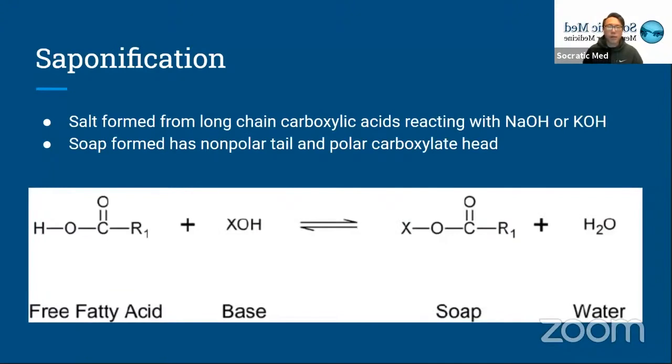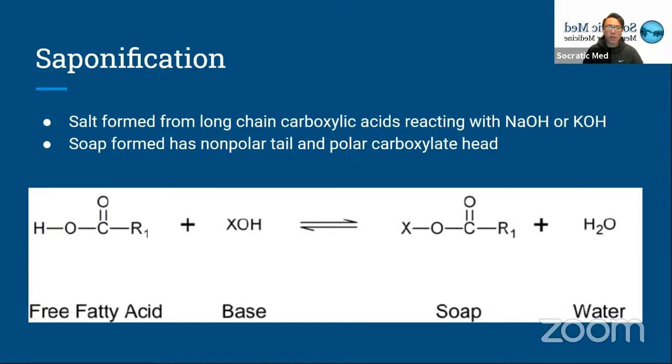Next, saponification. This is soap formation. This is when a salt is formed from a long chain carboxylic acid after reacting with either sodium hydroxide or potassium hydroxide, so any strong base.